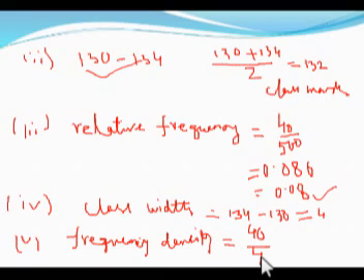This is our formula: class frequency divided by the width of the class interval. This will be just 10. This is the frequency density. So we have found out all the answers. I hope you understood this problem.